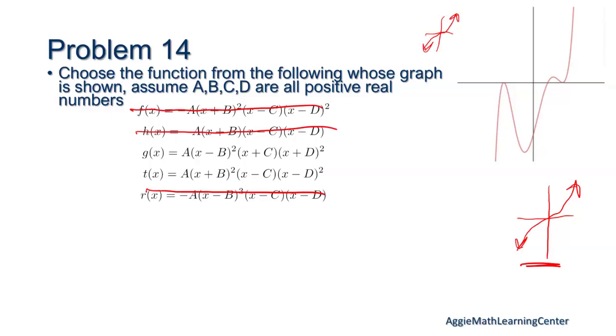On the test though, there is a really long list of them, so you probably don't want to just eliminate them one by one. What you want to do is go on to the x-intercepts. So what we found so far is our function equals some positive value a, and then we have 1, 2, and 3 x-intercepts.